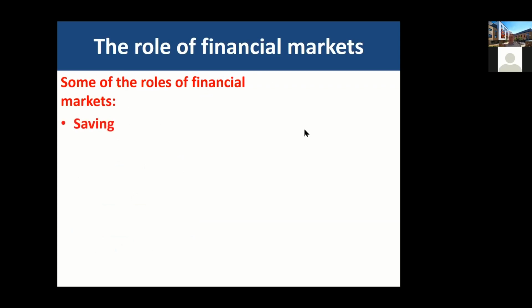So one role of financial markets is it allows economic agents to save. Now, when we talk about saving in economics, we're effectively talking about economic agents putting their excess money, either keeping it in money, so leaving it in the bank, or they might choose instead to buy shares or buy bonds or buy any other assets.